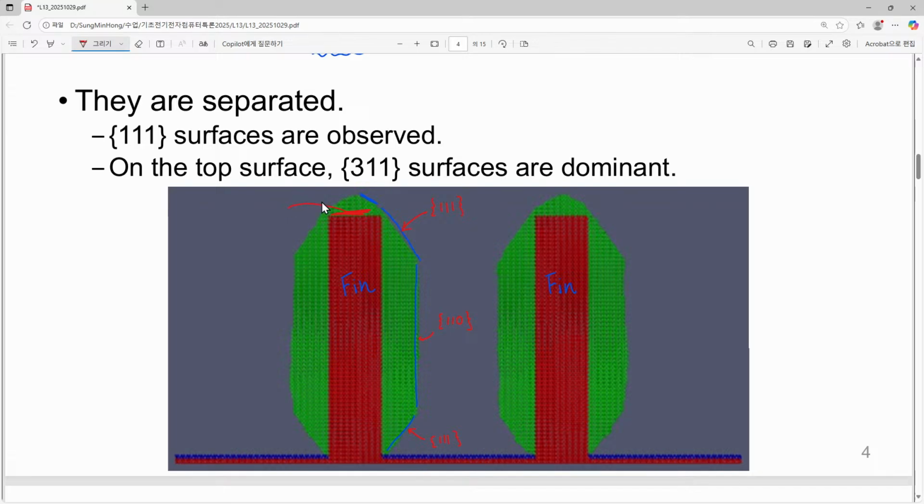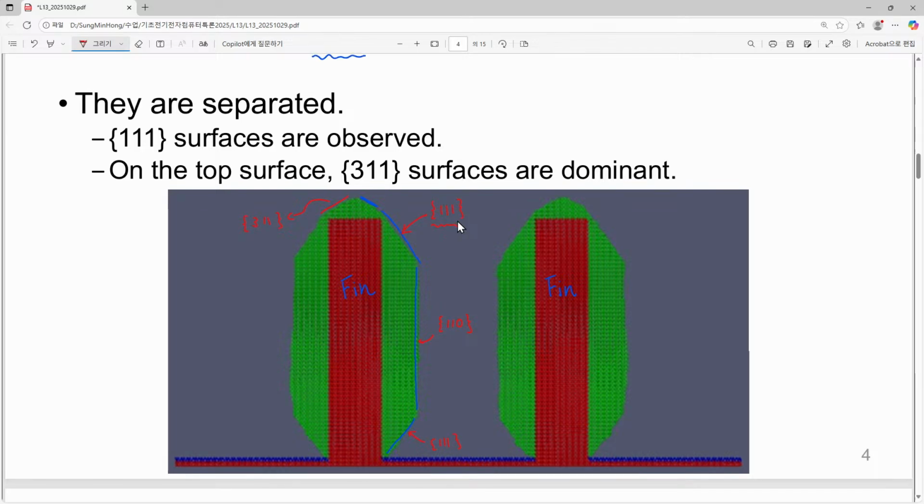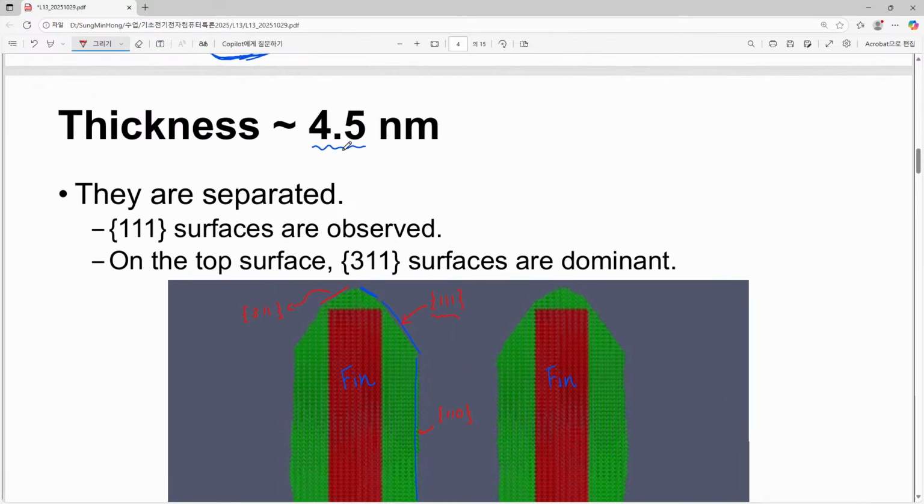This is quite well discussed in our previous lectures, and this is corresponding to 311, but that is more or less intermediate, and it will eventually be caught up by the 111 surface. So this is the structure after a short period of epitaxial growth is done.